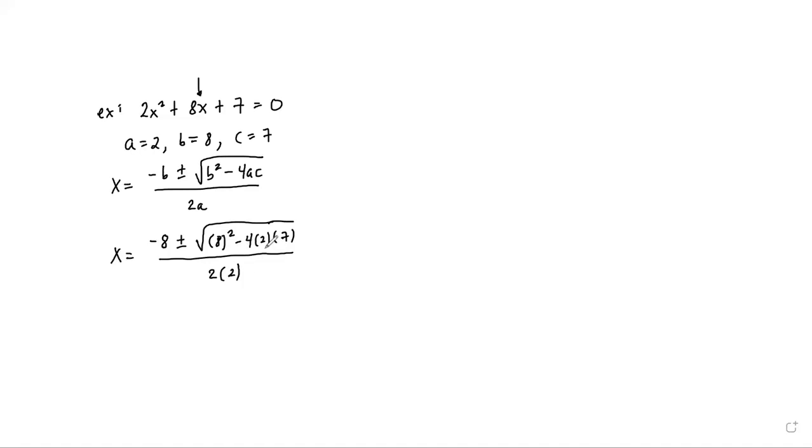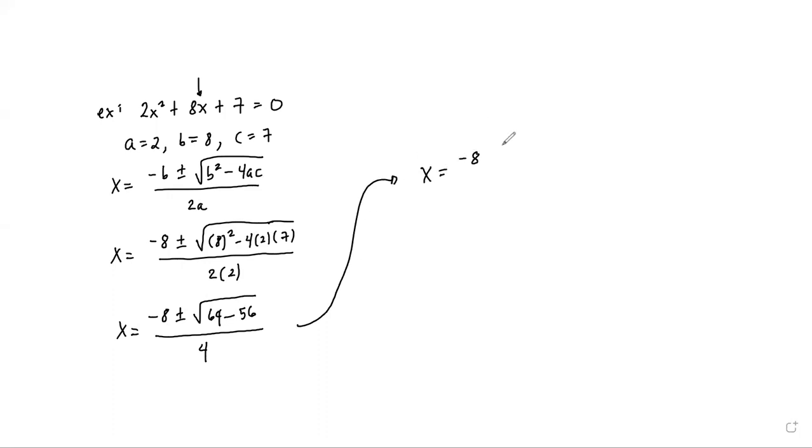So simplifying this fraction, we get x is equal to negative 8 plus minus the square root of 64, and then the product of negative 4 times 2 times 7 is negative 56, all over 2 times 2, which is 4. And then 64 minus 56 is 8. So we get x is equal to negative 8 plus minus the square root of positive 8 all over 4.